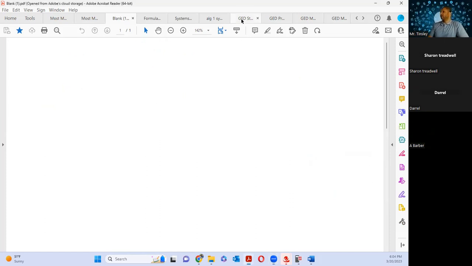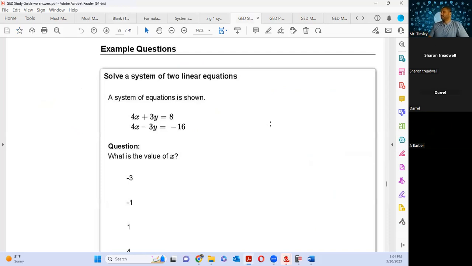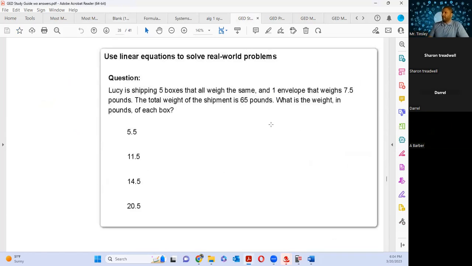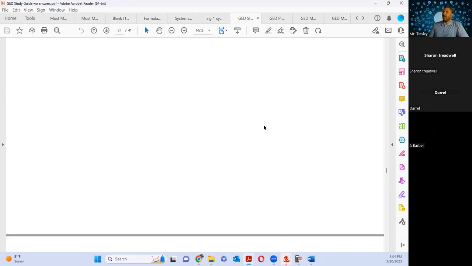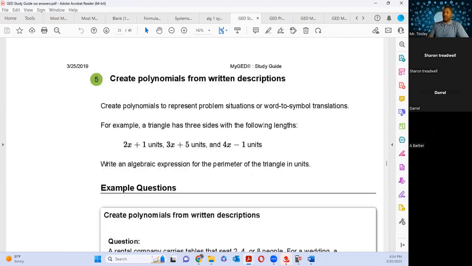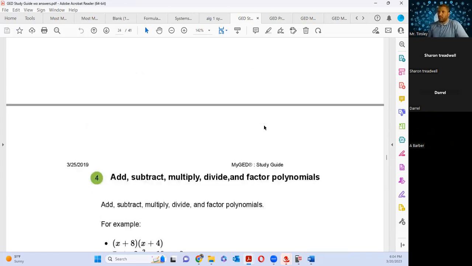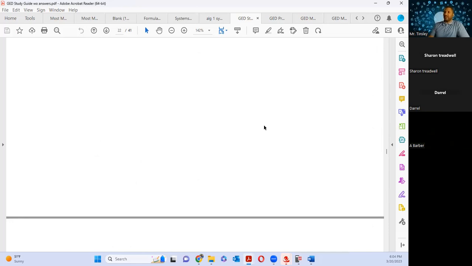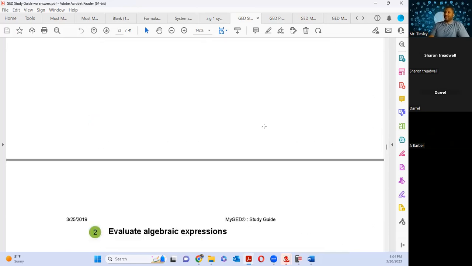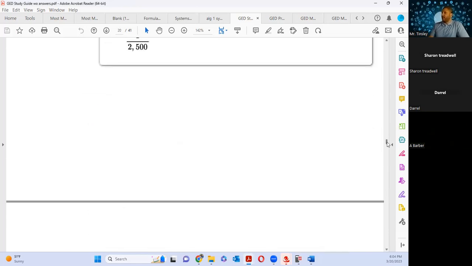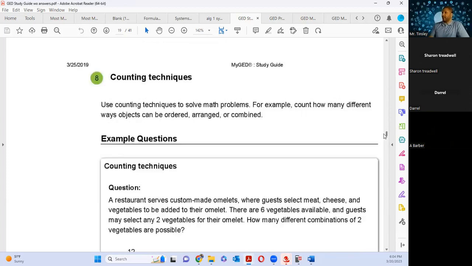Again, identify the ratio that you know. If they're going to give you a proportion problem, they will always give you a ratio inside of the problem every single time.